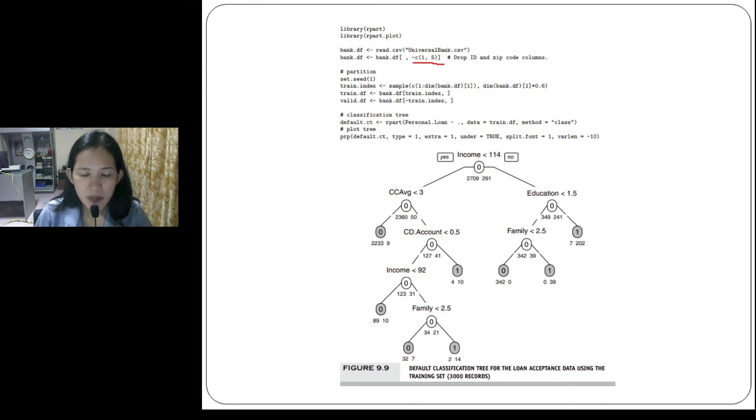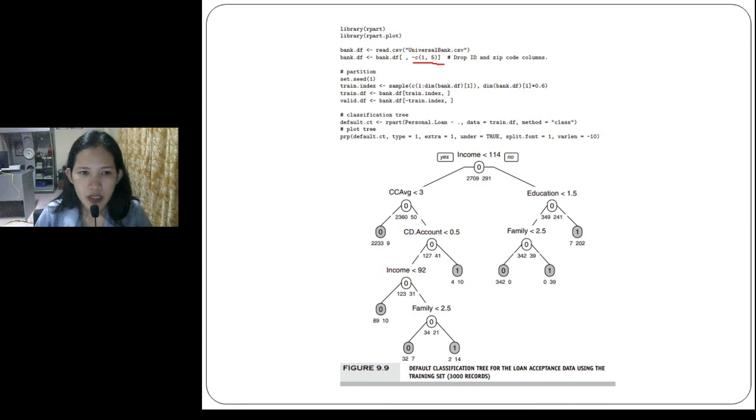To build the classification tree, we use default.ct and the rpart method. Here we specify Personal.Loan, which is our outcome variable, and the data comes from the training data set, train.df, and the method is class.